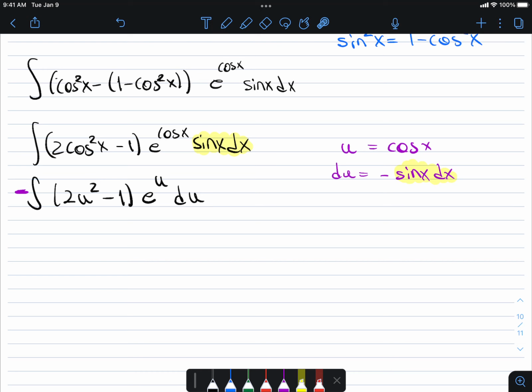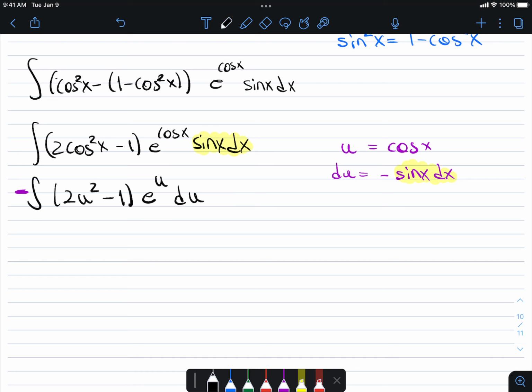So this is a problem that I could solve with 2 integrations by parts. You may do that if you're fine with that, and you should be okay with that. But a much faster way is to use the tabular method. So we're going to use the tabular method for integration by parts on this.